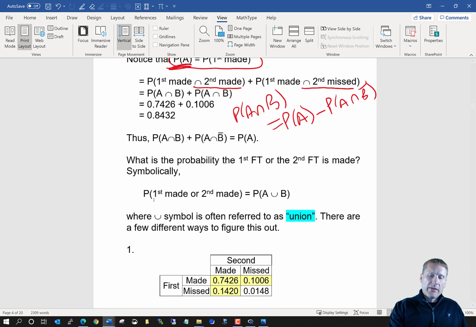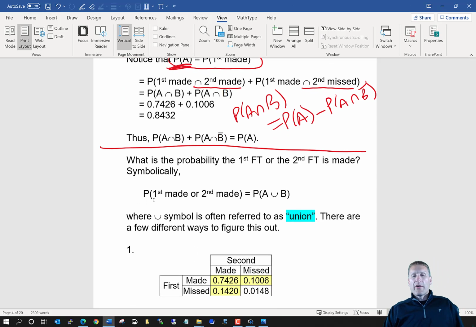Now, there may be times where you are interested in, rather than and, meaning A and B or A intersect B, probabilities associated with the probability of A or B occurring. Where that or actually means either A occurs without B, either or.